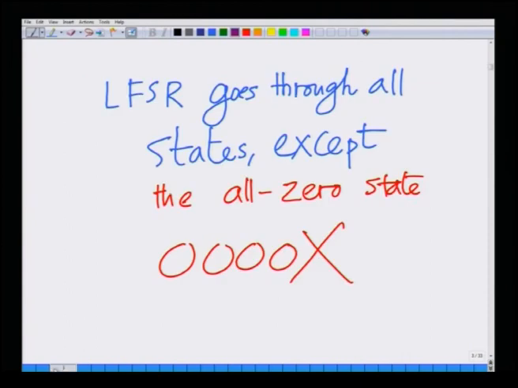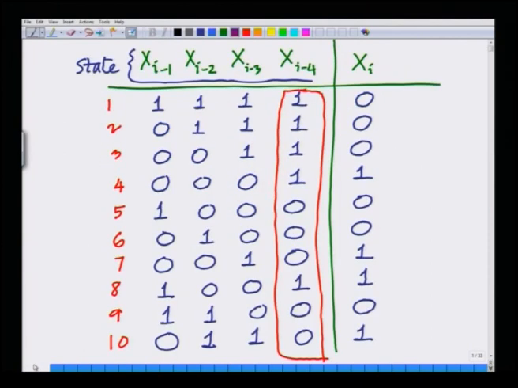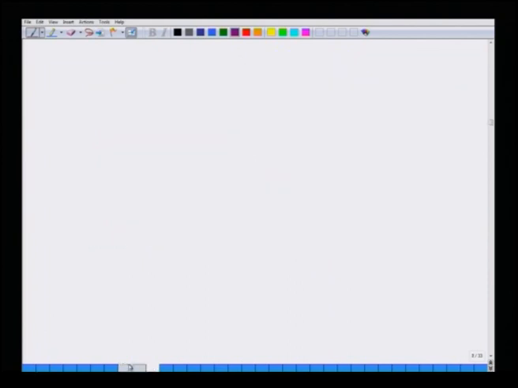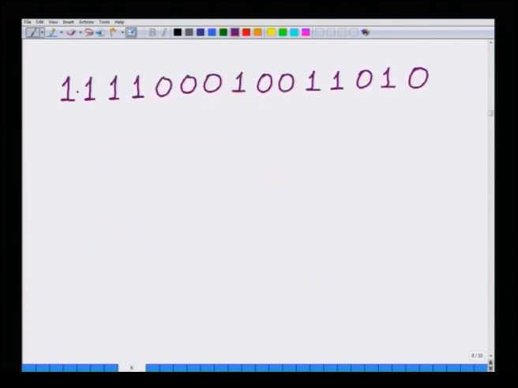You can verify this from this table. If you take these outputs together, that is xi minus 4, and take them for one period, that is the PN sequence that is over here.